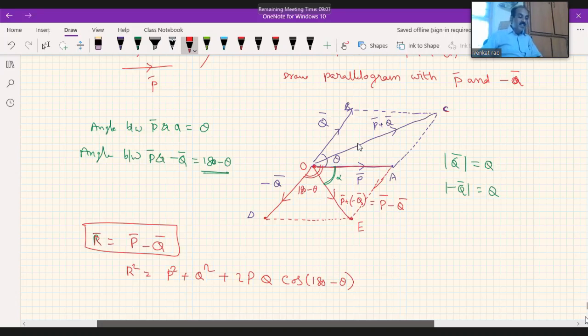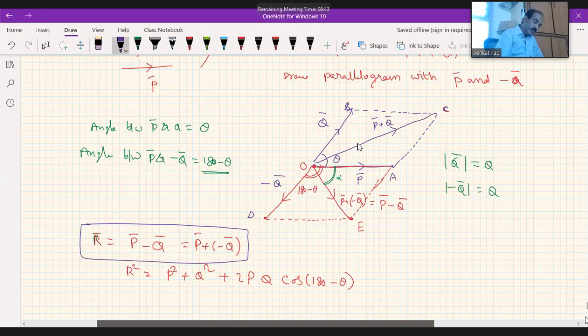P bar and minus Q bar, this is nothing but P bar plus minus Q bar. So therefore R square equals P square plus Q square minus 2PQ.